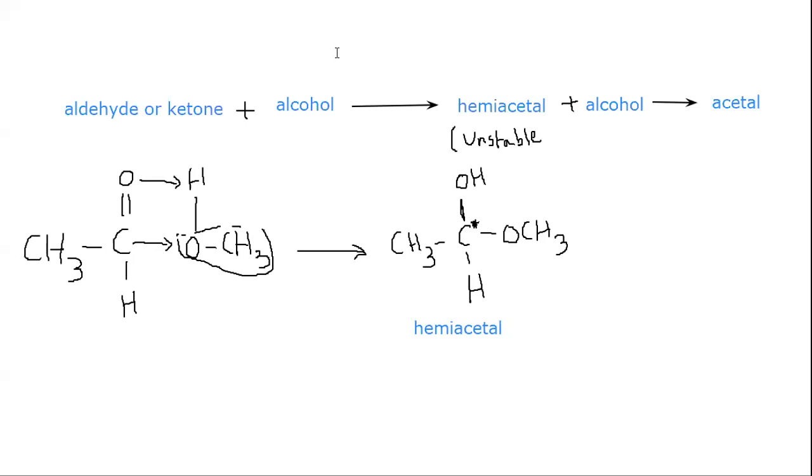So it immediately grabs the second molecule of alcohol to form acetal. Now please look at here. I'm going to take the second molecule of alcohol and write it here. This is my second molecule of alcohol.